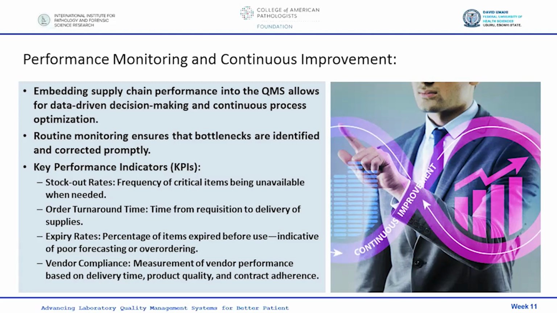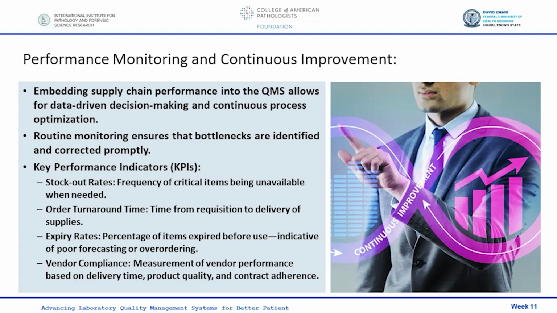Then another one is expiry rate. What is the percentage of items that expire before use? This will be indicative of poor forecasting or over ordering. Because if more items are expiring before they are used, that means you're over ordering, because before you can finish the stock you have, they would have expired.